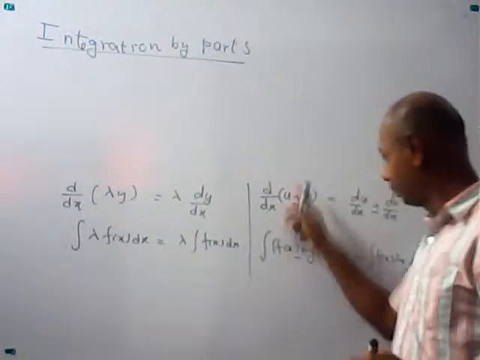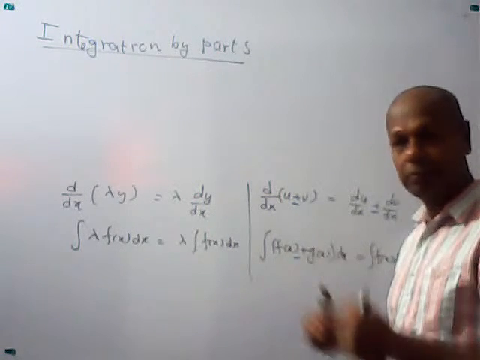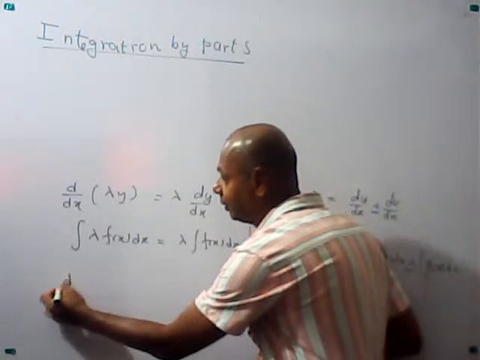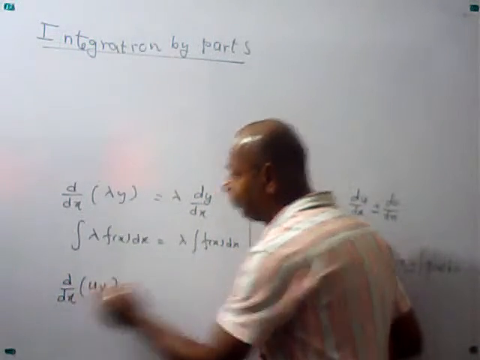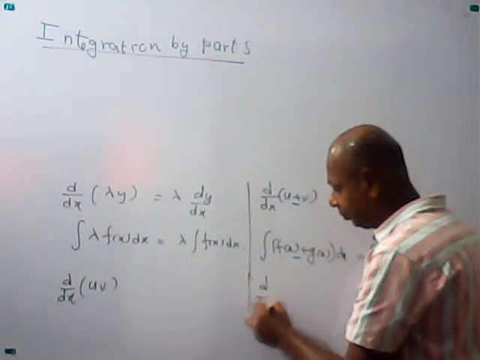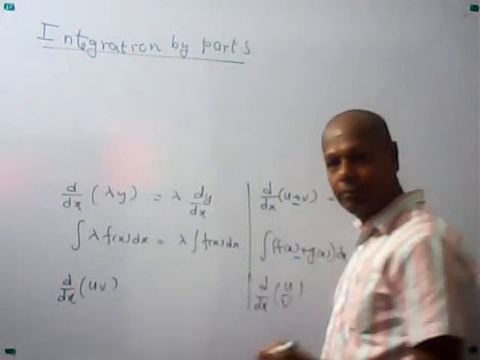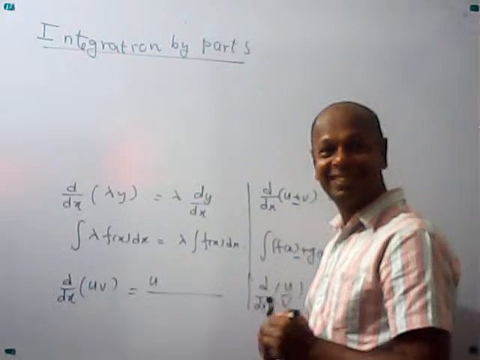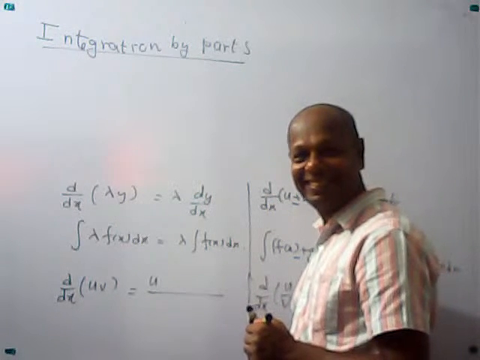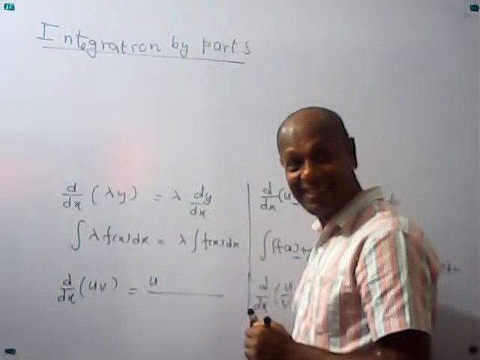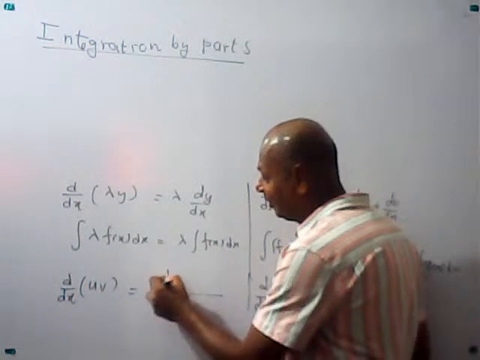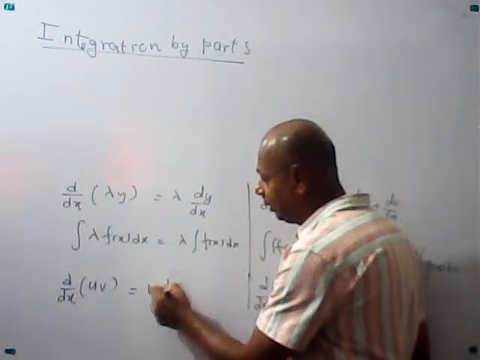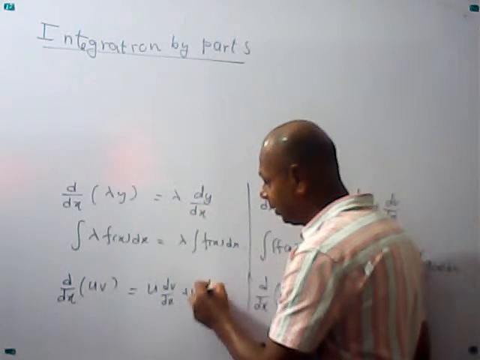Now in these operations of functions, we have two more rules. We have seen two more rules in differentiation: the product rule and the division rule. The product rule is u dv by dx plus v du by dx.